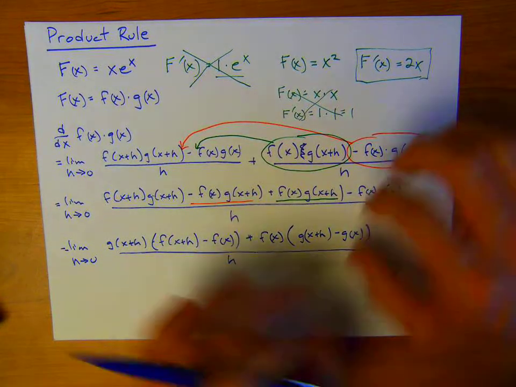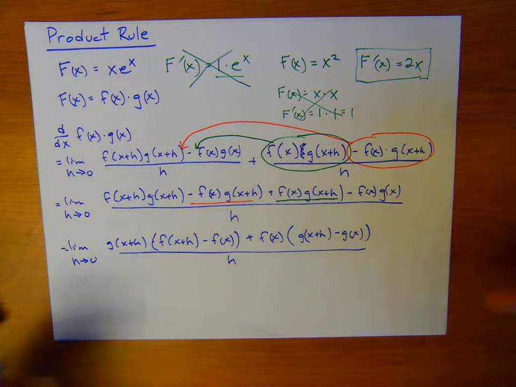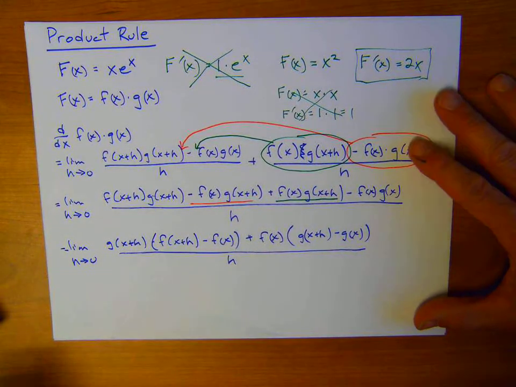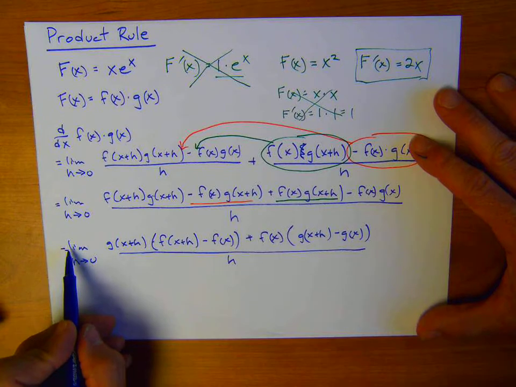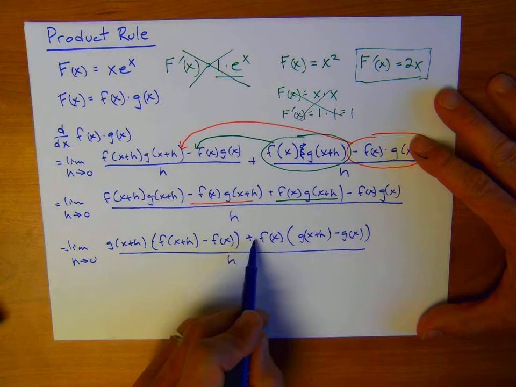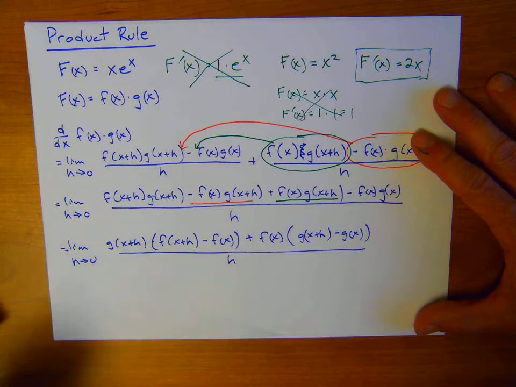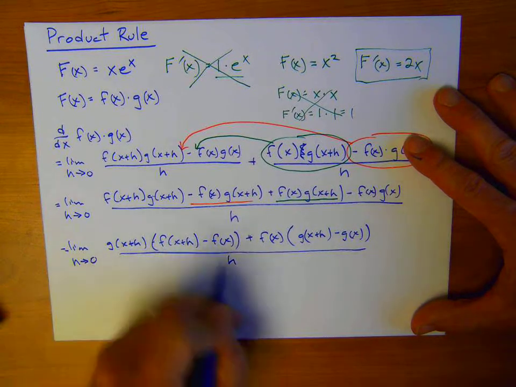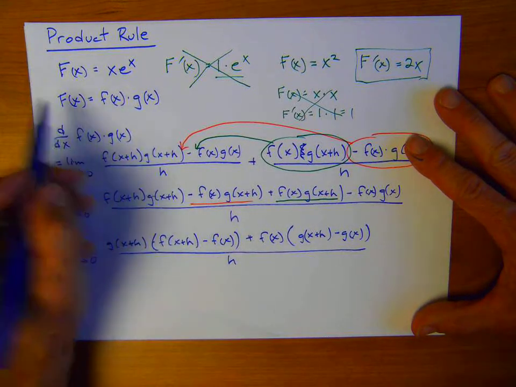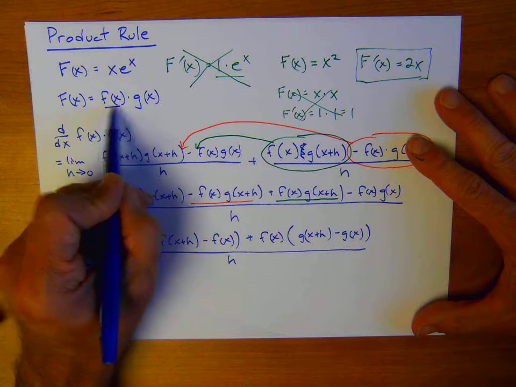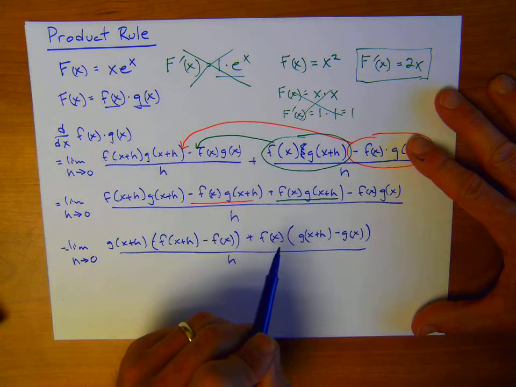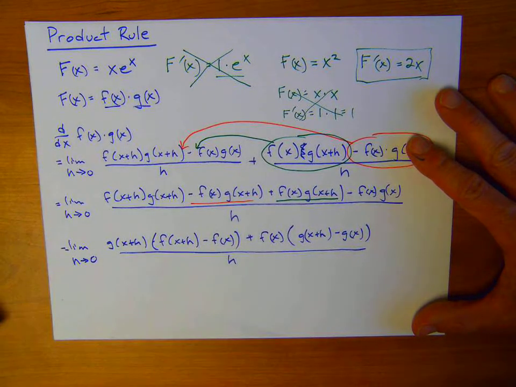We inserted them so we can move things around and factor and get things to fall out for us. So remember that the limit of a sum is the sum of the limits, as long as those limits exist. Since g and f are differentiable, so I guess that's the first part I should have said, f and g are differentiable functions, and we're trying to find what the derivative of their product would be.